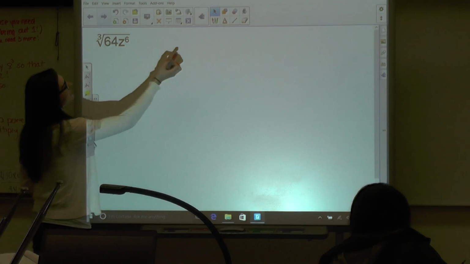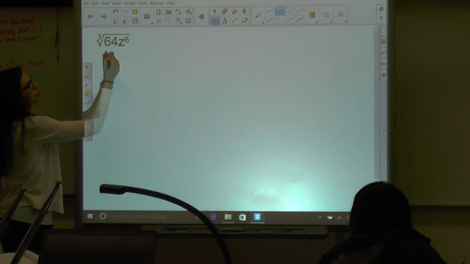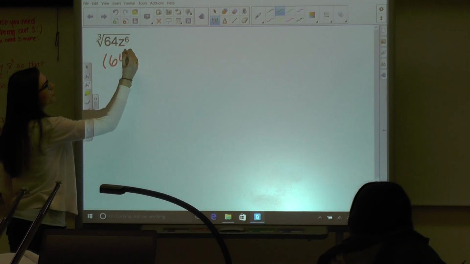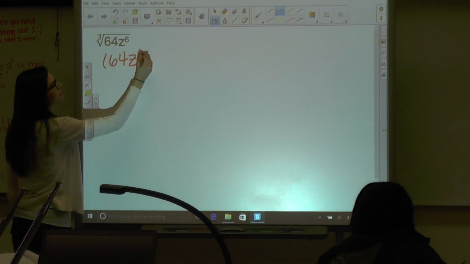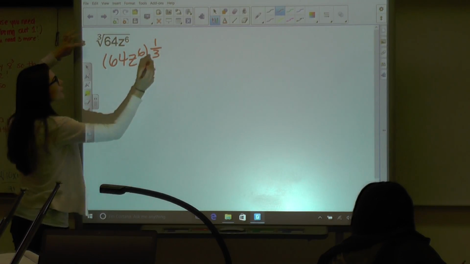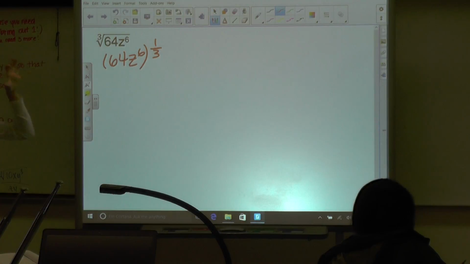Alright, so look. We're going to do 64 z to the power 6, to the power 1/3, because this is a cube root, and that whole thing is a cube root. So it's all to the power 1/3.